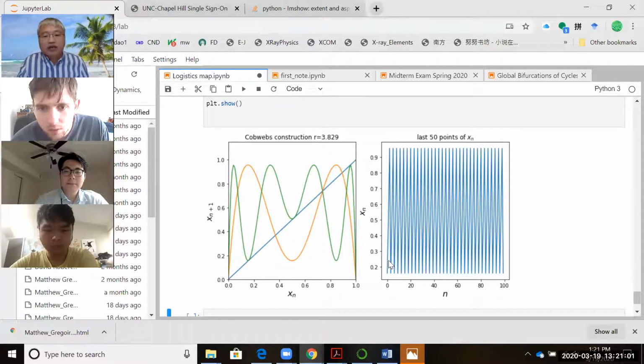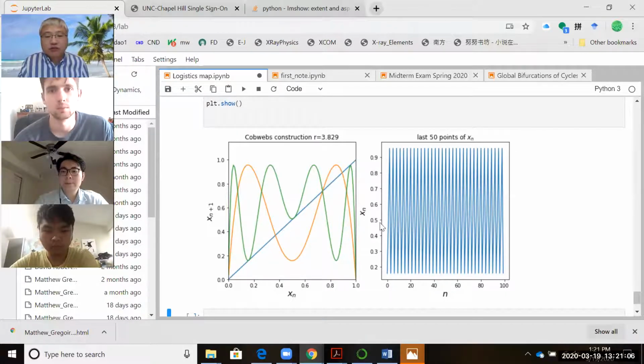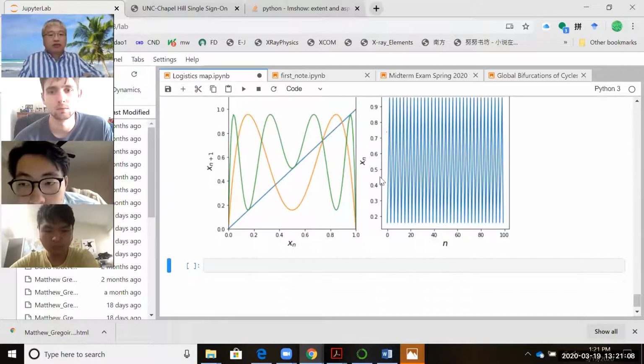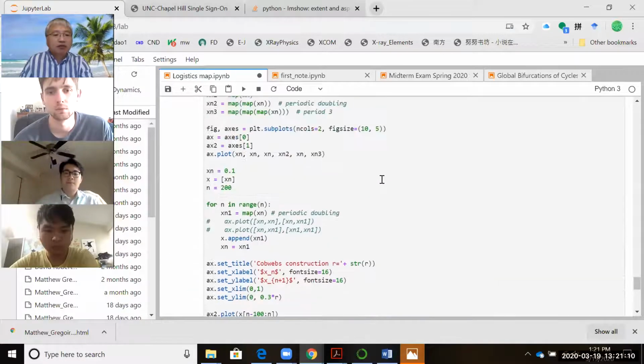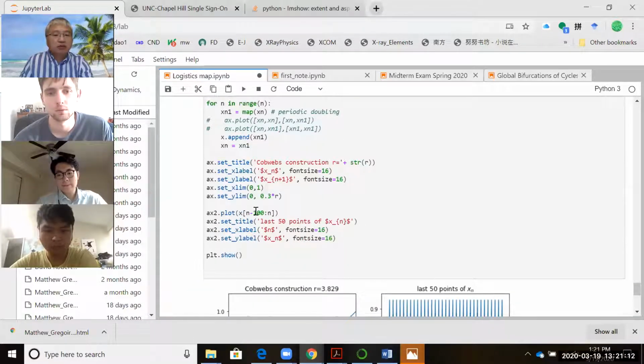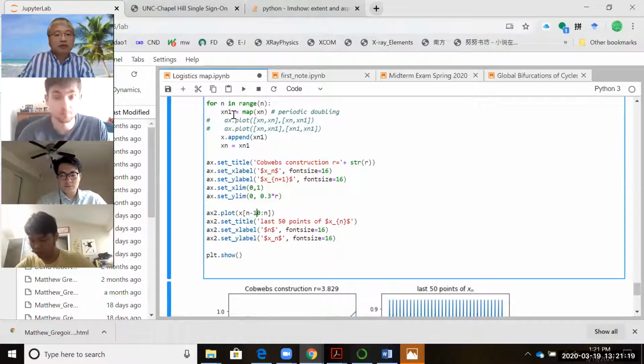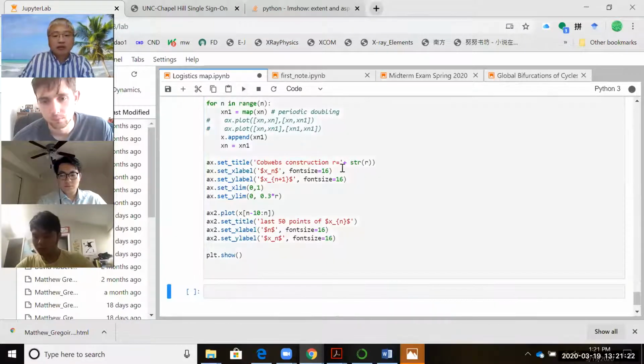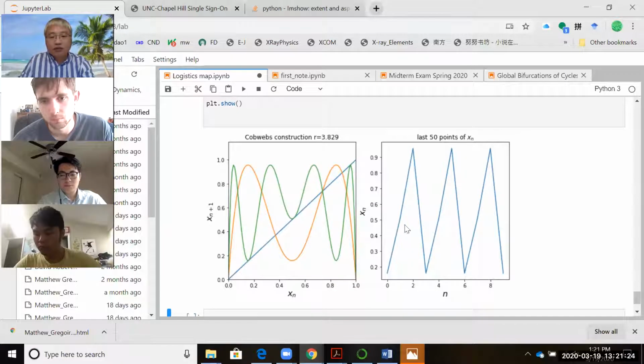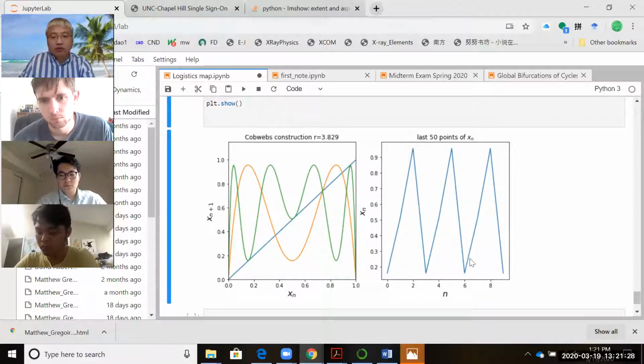You cannot quite see it; it looks like period 2, but in fact it's period 3, with 1, 2, 3 values. Instead of plotting the last 50 points, let me plot 10 points, for example. Yes, it's 1, 2, 3, and then 1, 2, 3, and 1, 2, 3 again.